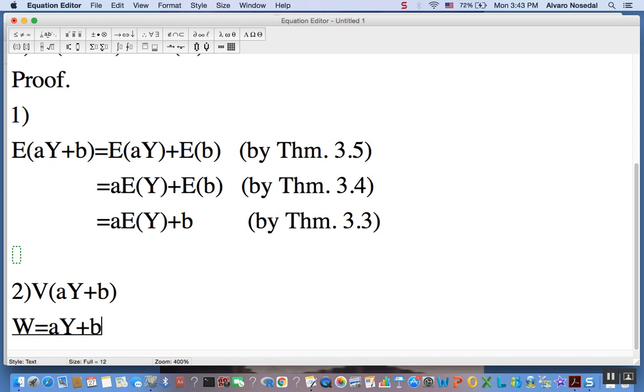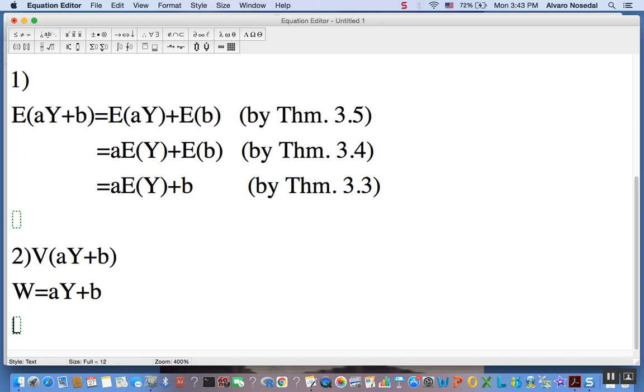Okay? Just a label, but it's going to help us. Now, the expected value of w is going to be what? Is going to be a times the expected value of y plus b, and that's by what we just did, right? Expected value of w is going to be this. Make sense?